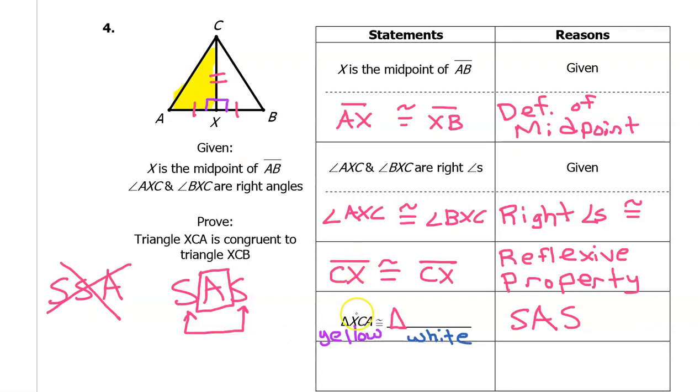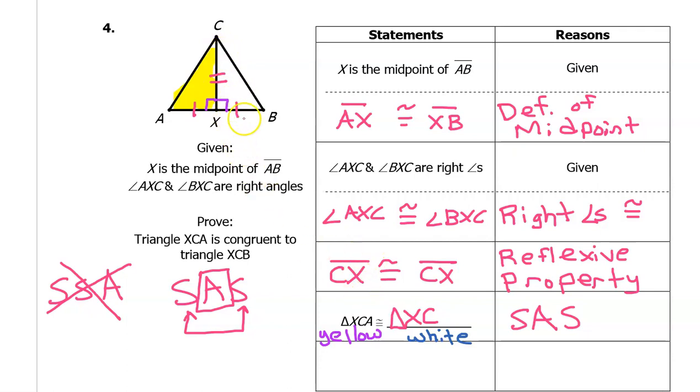So first we have angle X. Yellow angle X corresponds to which white angle? Well, white angle X. They're both 90 degrees. So yellow angle X corresponds with white angle X. Next, we have angle C. Yellow angle C corresponds with white angle C. I can tell because yellow angle C is across from the single and white angle C is across from the single.